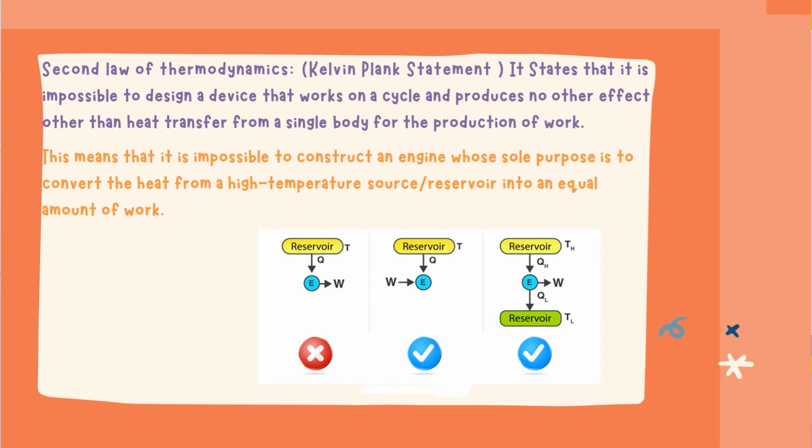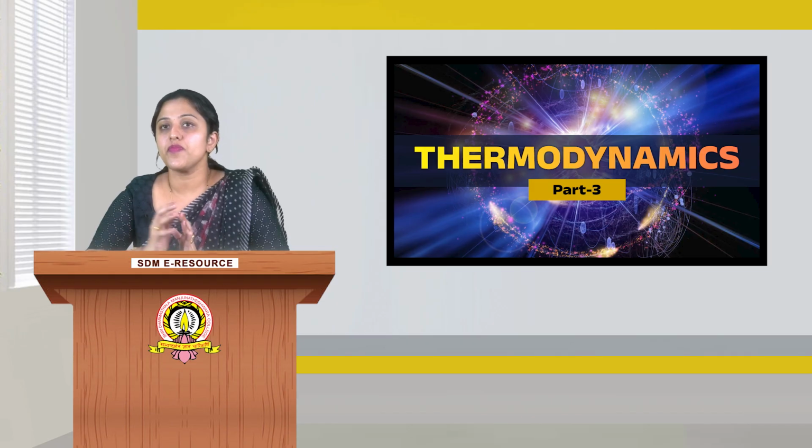It means that it is impossible to construct an engine whose only purpose is to convert heat into an equal amount of work. Q will never be equal to W without doing any external work, and this is the statement of the second law of thermodynamics given by Kelvin-Planck.